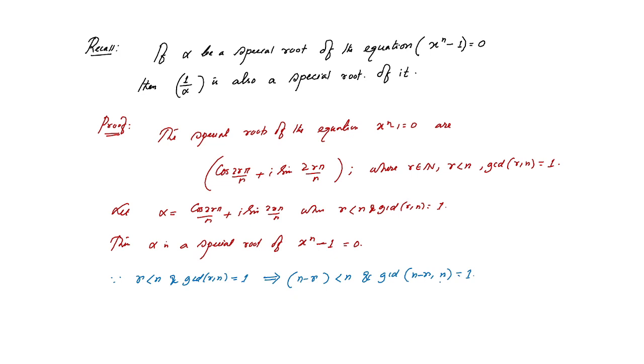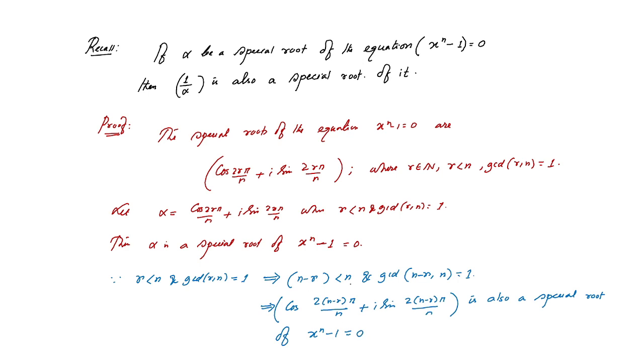Hence, if we put n minus r in the position of r, then cos 2(n minus r) pi by n plus i sin 2(n minus r) pi by n is also a special root of x to the power n minus 1 equals 0.